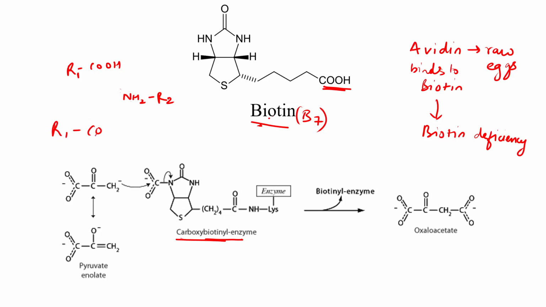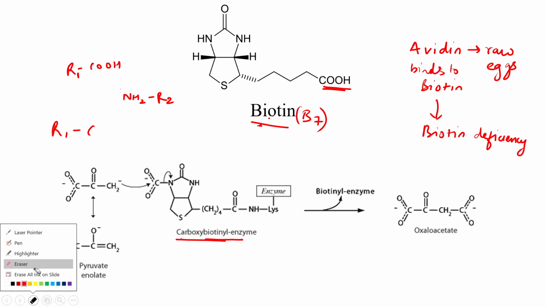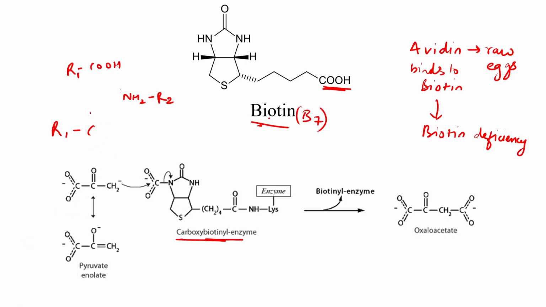It will be R1-C double bond O, NH and R2, right? Similarly, this COOH attaches to the lysine residue of an enzyme. Do you remember the side chain of lysine?